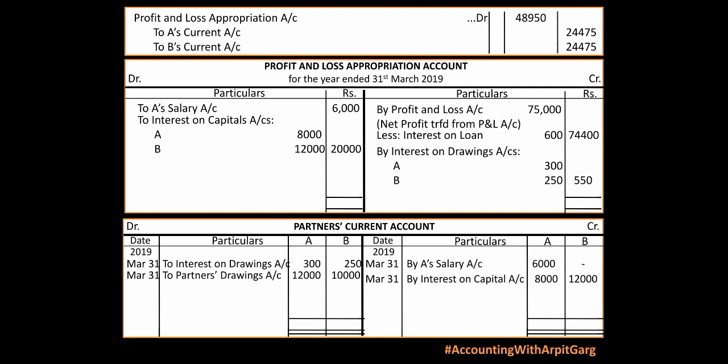You will add all the credit balance and you will deduct debit balance from there, and you will get debit balance of rupees 48,950. Then we will post this to current account of partners as well, and this being profit will increase their capital, hence will be shown on credit side.